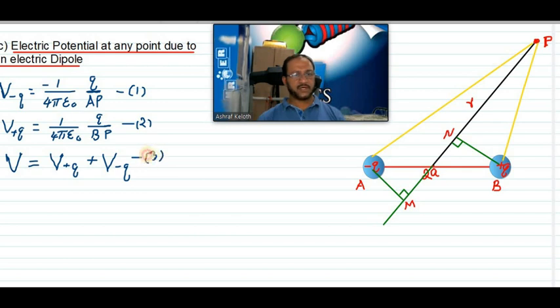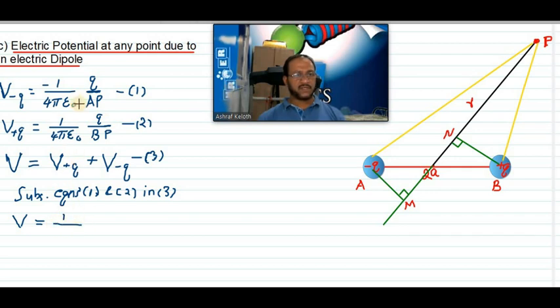Then substituting equations 1 and 2 in 3, what will you get? V is equal to plus q, it is 1 by 4 pi epsilon naught.